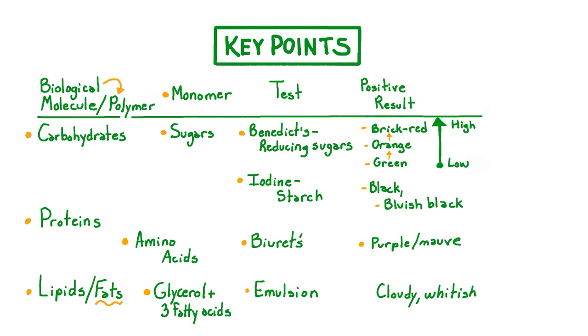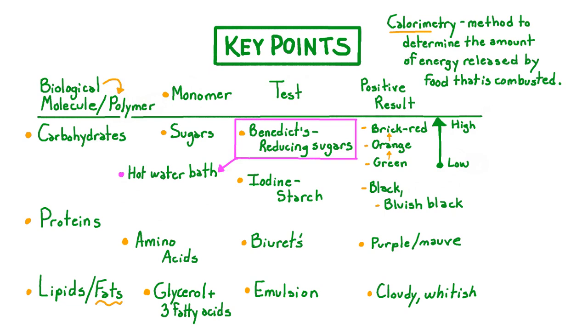The test for fats is an emulsion test, and the positive result looks cloudy or whitish. Of these tests, only Benedict's test for reducing sugars requires a hot water bath. We also discussed calorimetry, which is a technique to determine the amount of energy that's released by food when it's combusted or burned.